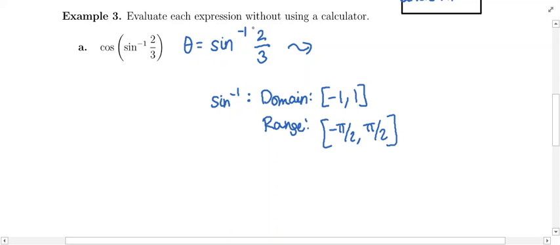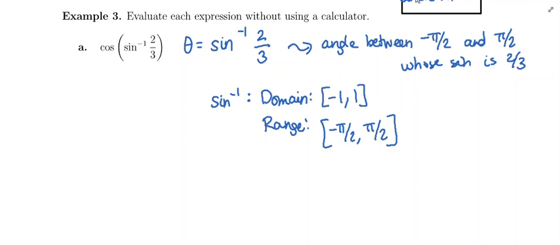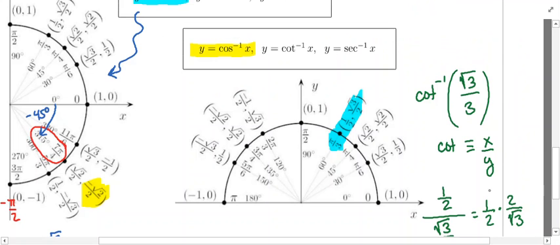So sine inverse of 2/3 is the angle between -π/2 and +π/2 whose sine is 2/3.